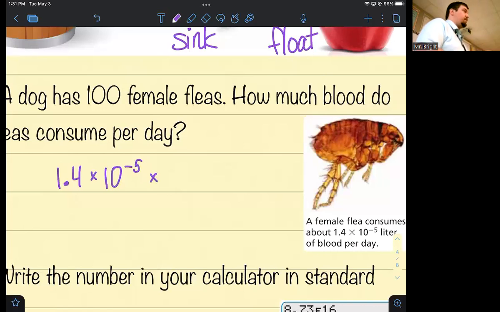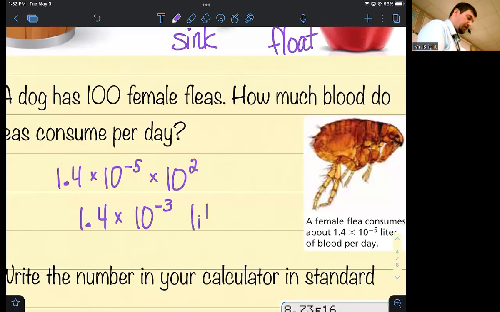Now what is 100 if I wrote it as a power of 10? Carson? Okay. And knowing what you know about exponents, what would 10 to the negative 5th times 10 to the 2nd be? Oliver, what's 10 to the negative 5th times 10 to the 2nd? That's right. So we'll say 1.4 times 10 to the negative 3rd liters.